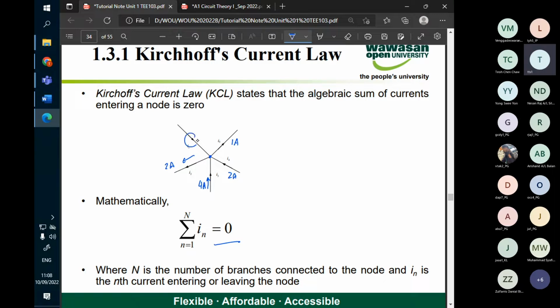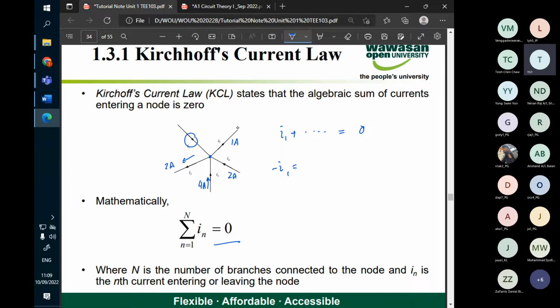So what is the I1? You can use a formula like I1 plus everything else is equal to 0. So I1 equals minus the rest, you take this one over and it becomes minus, right?